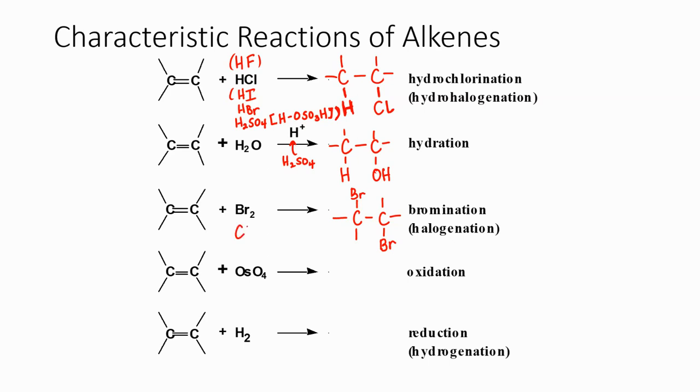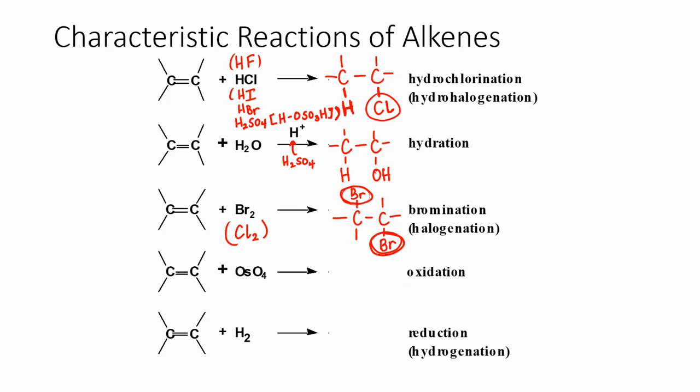And we can do this with chlorine. The result is actually bromine on both sides of the double bond instead of having the halogen just end up in one spot. In halogenation, we have a halogen on both sides of the double bond.